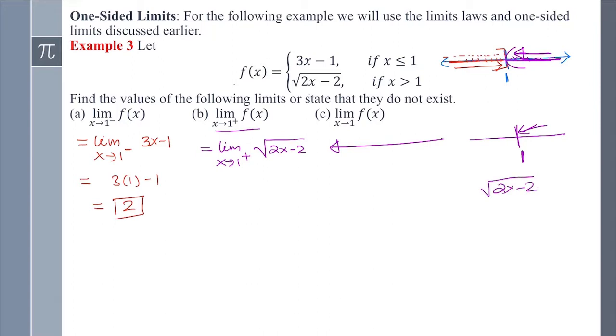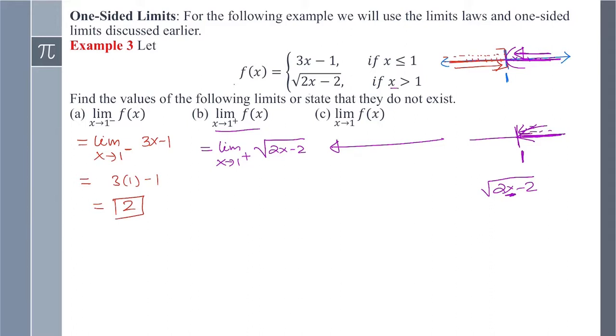When we are approaching 1 from the right, the x values are greater than 1. Remember, when we are finding a limit as x approaches a, we are not taking a itself. We are approaching from left and right. In this case, we are approaching from the right. That means the x values are greater than 1.